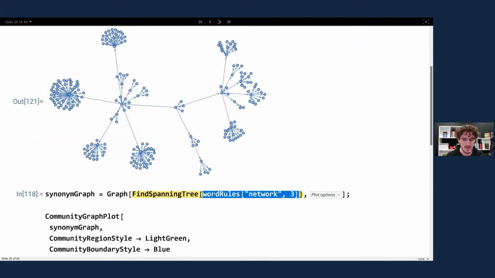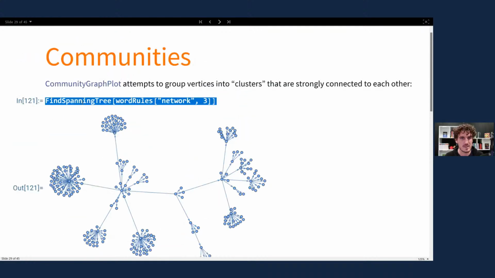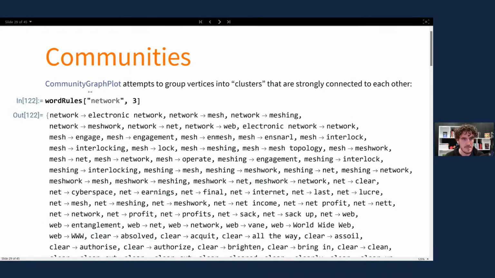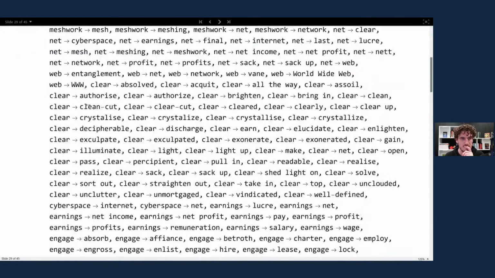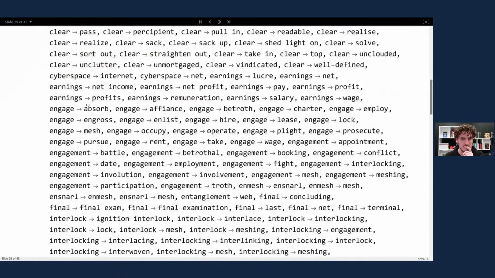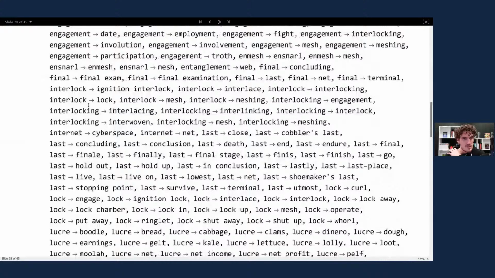As you can see, I'm having to go deeper and deeper inside this nested function to see what's going on here. Okay.